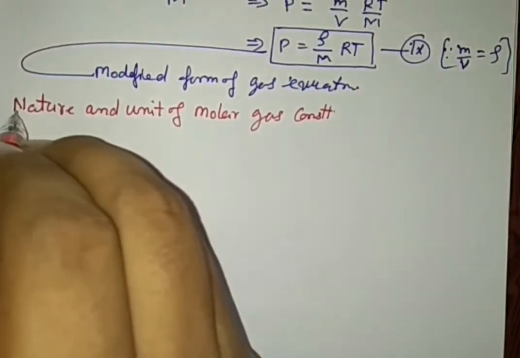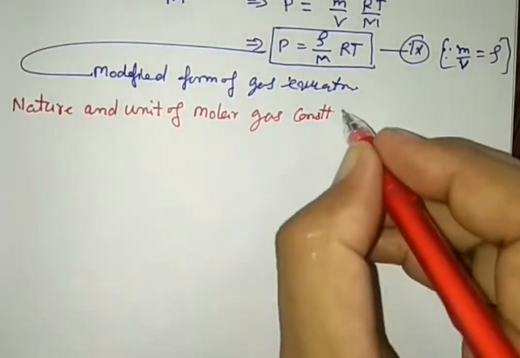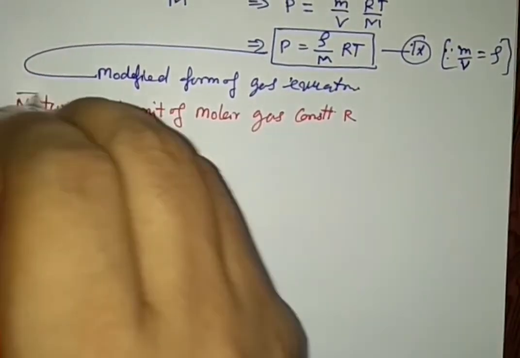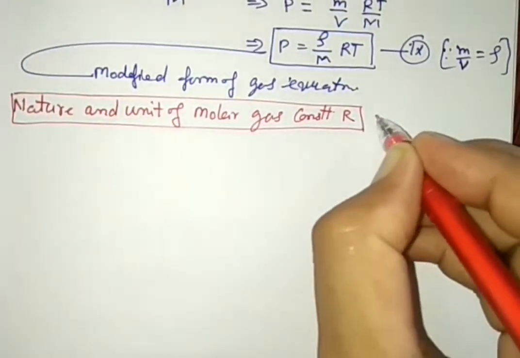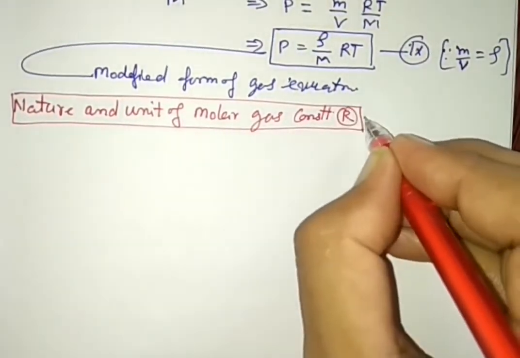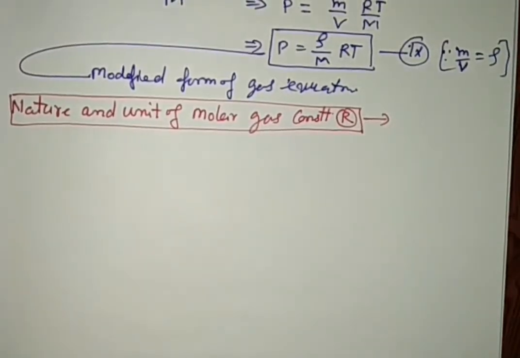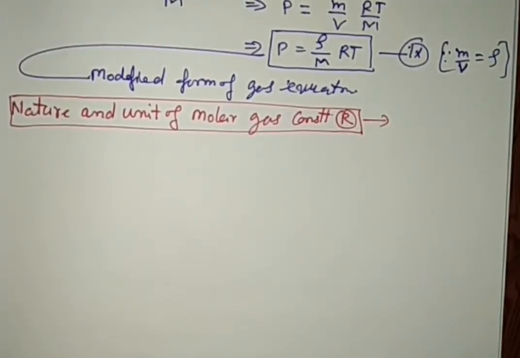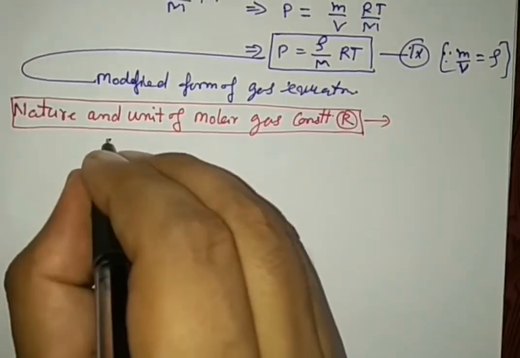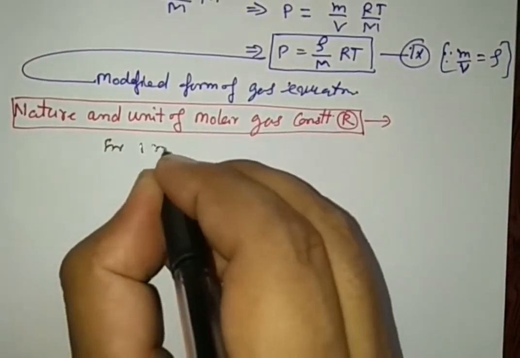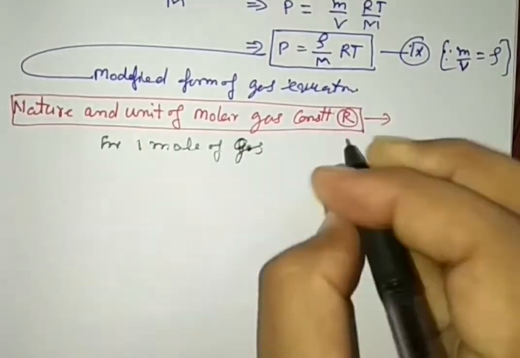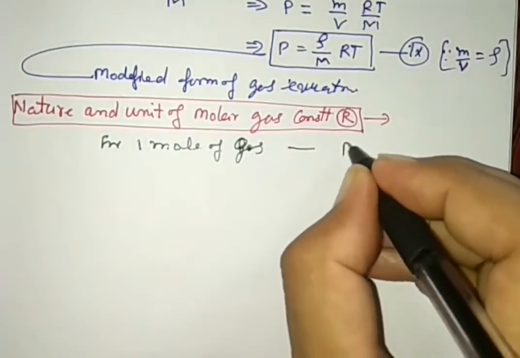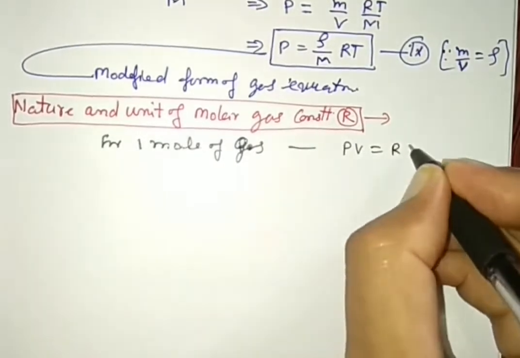Now we are going to see the nature and unit of gas constant R. See how we are going to do it. When we take 1 mole of gas, the ideal gas equation is PV is equal to RT.